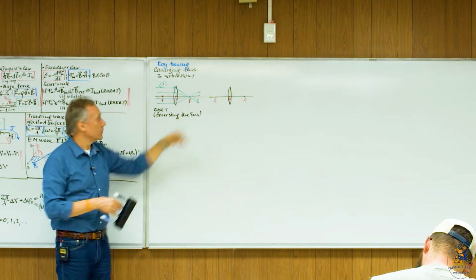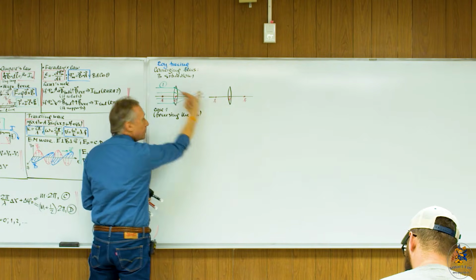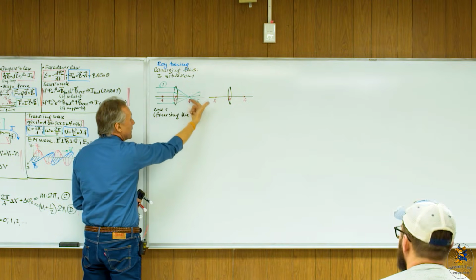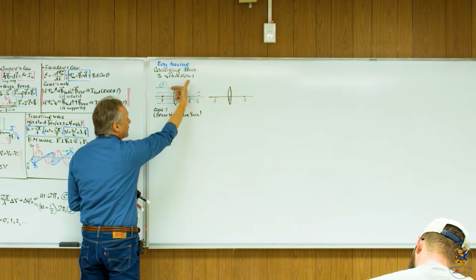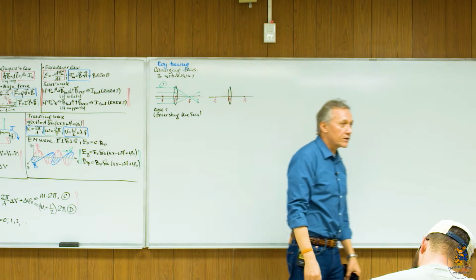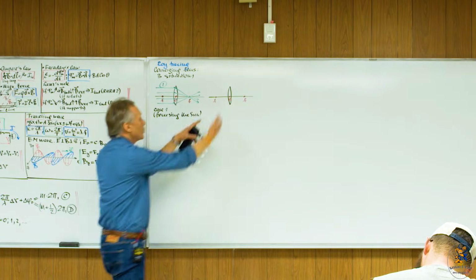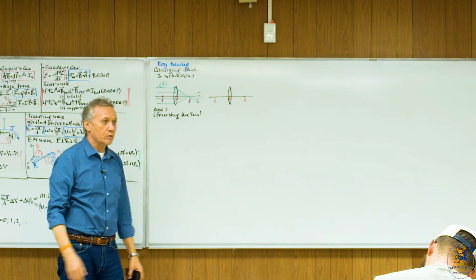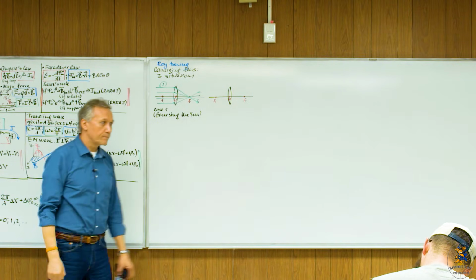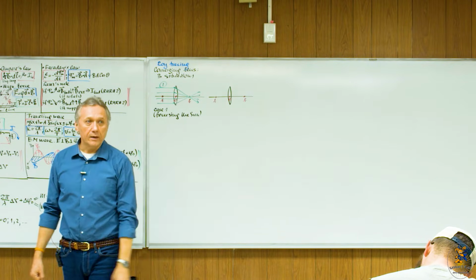Instead of sending the ray like this, what if you send it back? First, you send it through the focal point. Then after the lens, it will go parallel to the optical axis. A reverse-in-time situation, and you get ray number 2. But you need to draw it on this side of the lens. If you send the ray through the focal point, the lens will send it parallel to the optical axis.